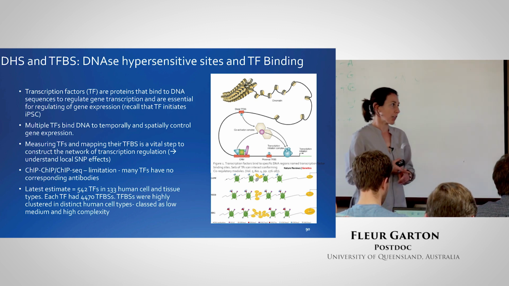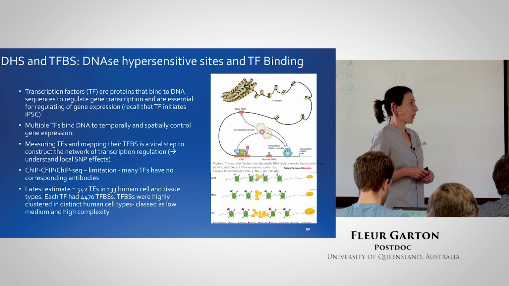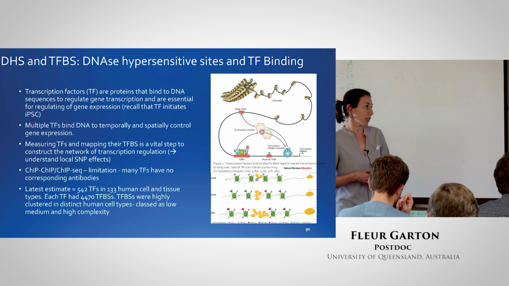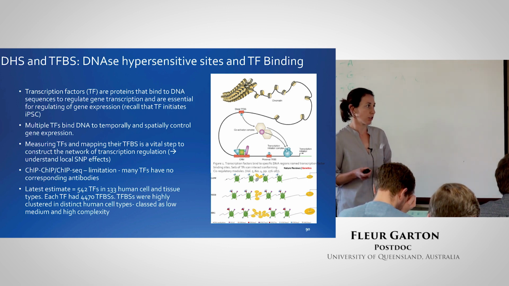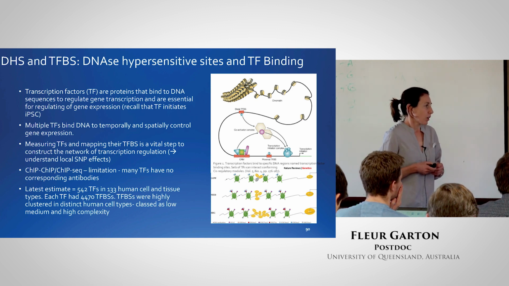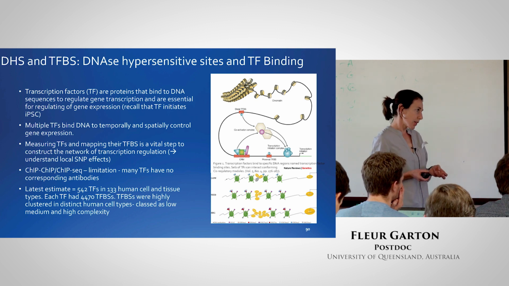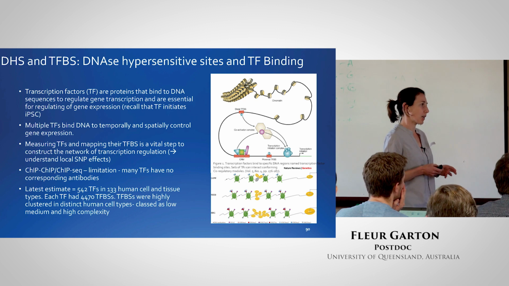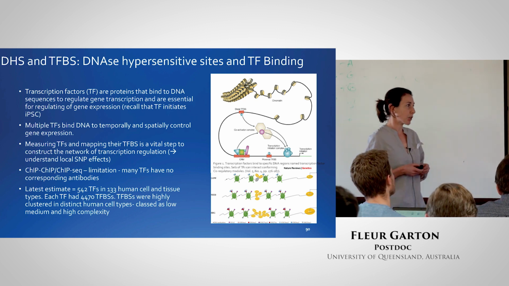Mapping the sites that transcription factors bind at is a vital step to construct a network of transcription regulation and, for example, help us understand local SNP effects. The main methods to do this are ChIP-chip and ChIP-seq. The limitation at the moment is that a lot of transcription factors don't have corresponding antibodies.